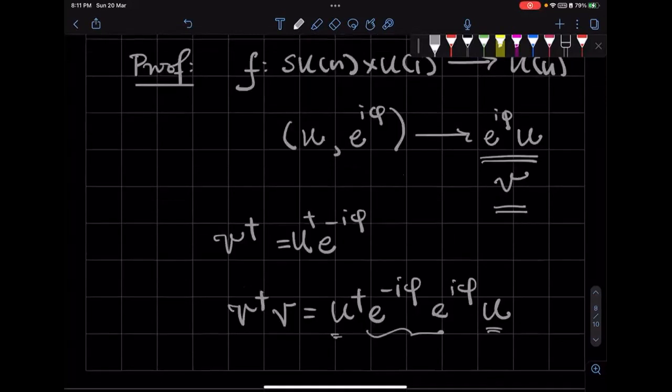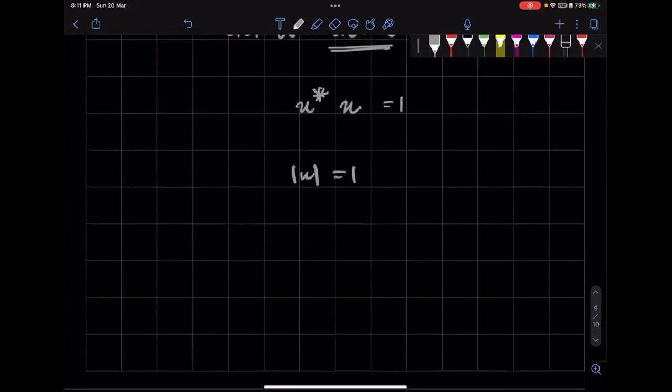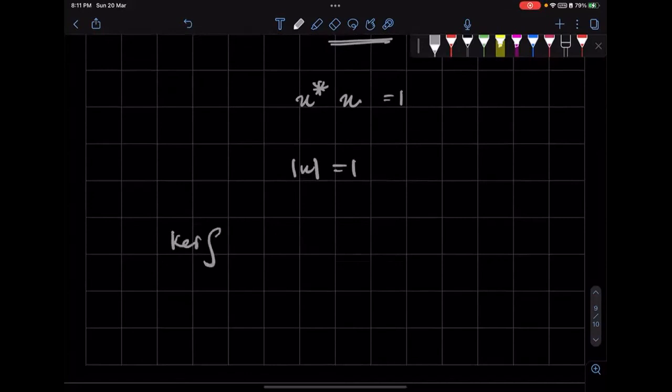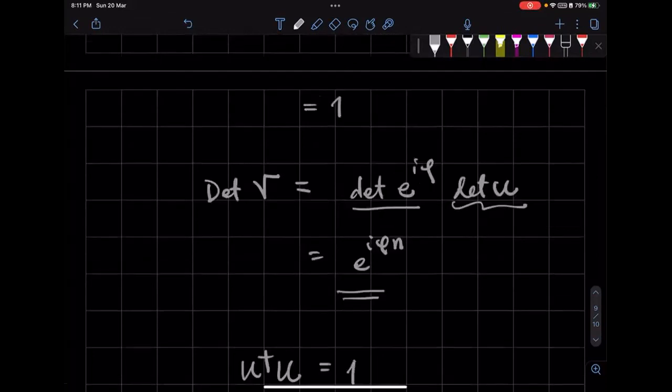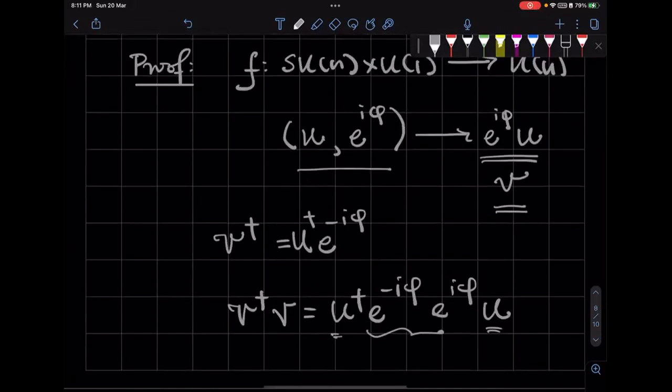Okay, so now let's look at the kernel of this map. For that, we look at all those elements that map to the identity.